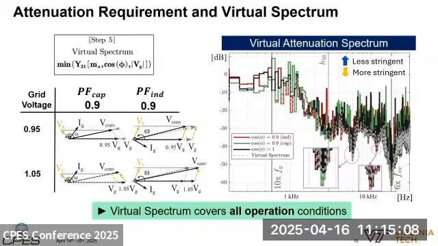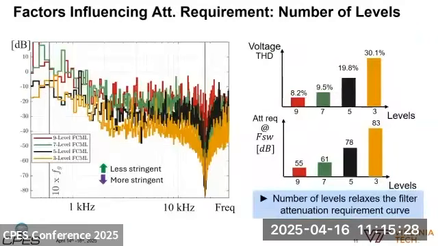As you can see on the figure on the right, all the dotted white dots are operation with multiple power factors, and we get the worst case scenario at each frequency. That way, our filter design will work in all of the operation conditions of the converter, and not only one.